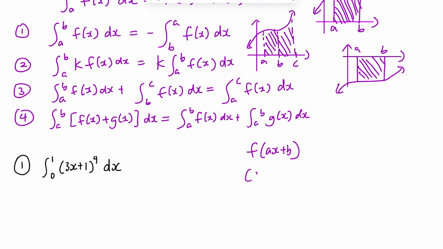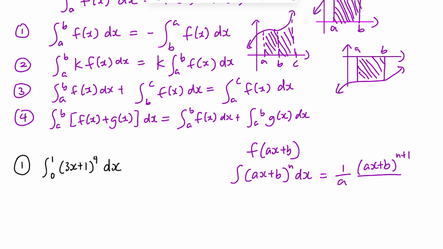So let's say we have ax plus b to the power of n. Then the integration of that would be equal to 1 over the inside function a, times ax plus b, the inside function, we write it all out, to the power of, just like what we did earlier, when you integrate it, it's always n plus 1.